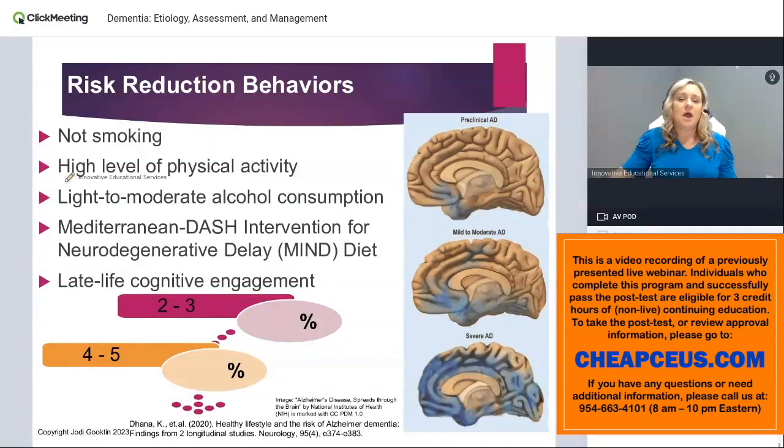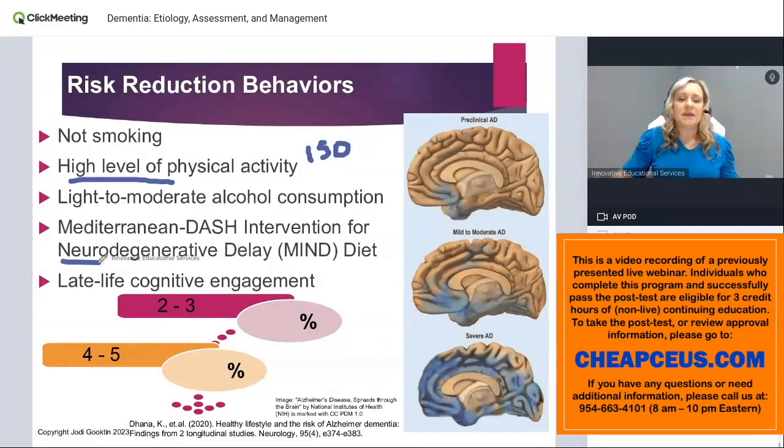So not smoking, and a high level of physical activity, going with that heart healthy model of greater than 150 minutes per week of exercise, at least a moderate intensity.